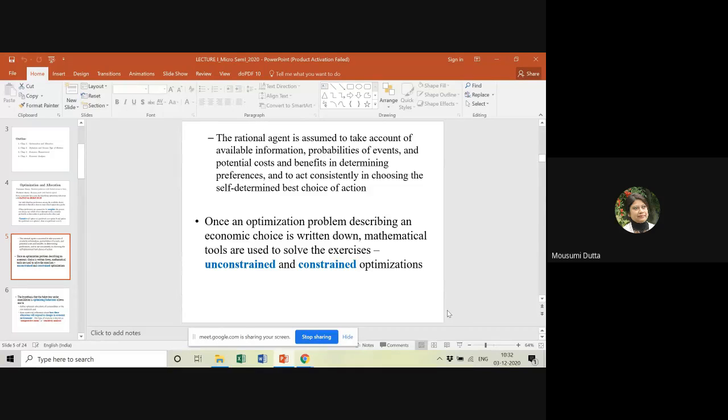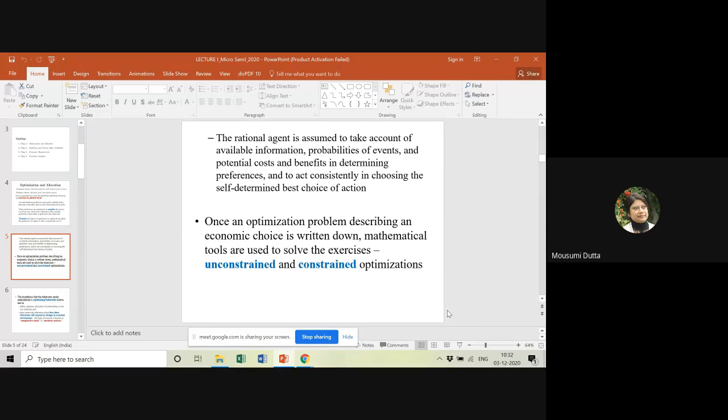So when you learn optimization or use optimization in the context of economics, you will find that either you are going for unconstrained maximization or minimization, or you are going for constrained maximization and minimization.